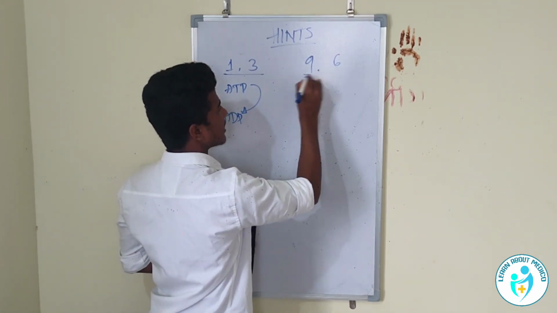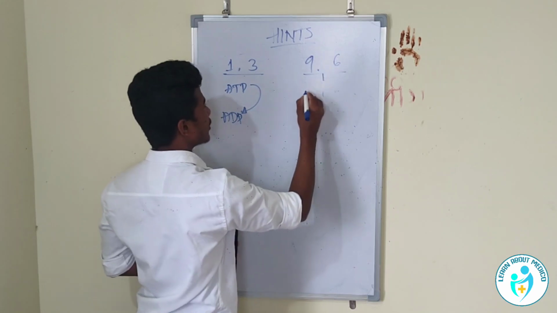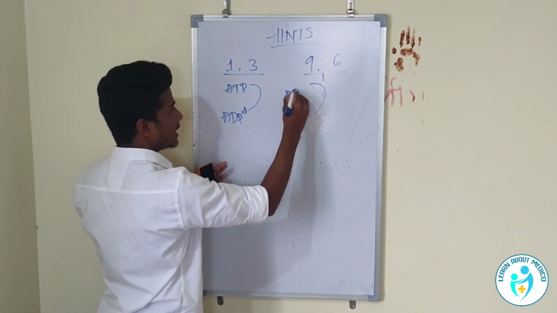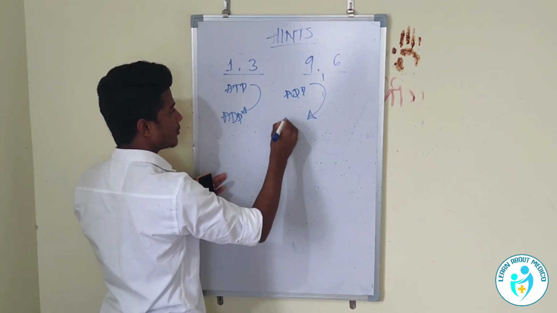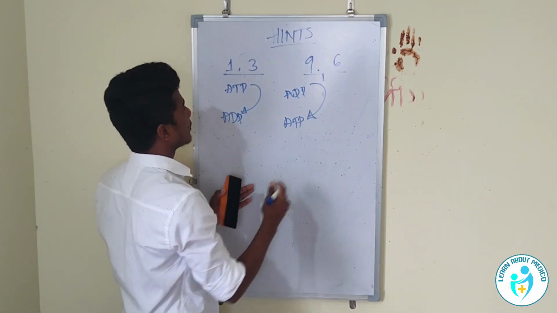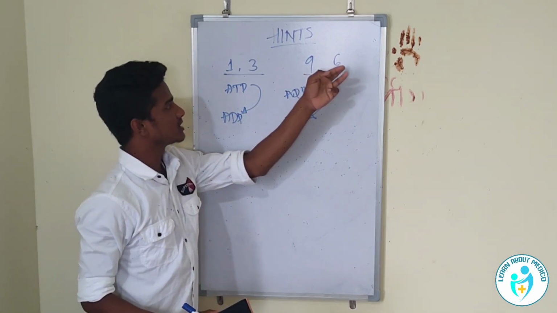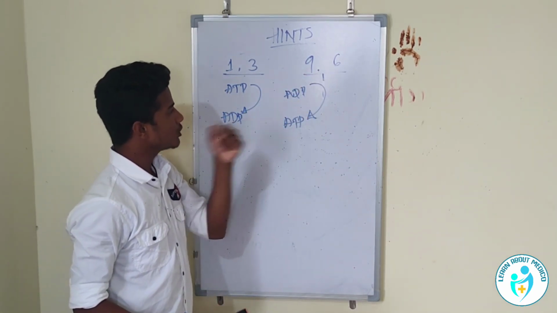And for the tenth and sixth step, we have to write the opposite: ADP gets converted into ATP.